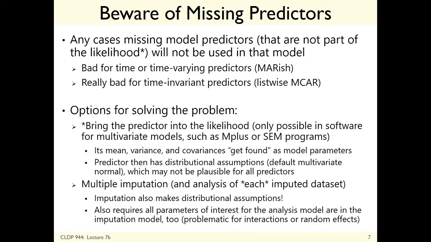If you have a time varying predictor that is missing, he said it's somewhere between missing at random and completely at random. Even though it's not in the likelihood, you do have some values of the time varying predictor for the person, so you can condition on what you do have. So it's somewhere in the middle of those things.